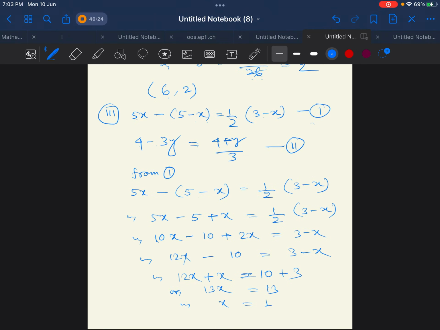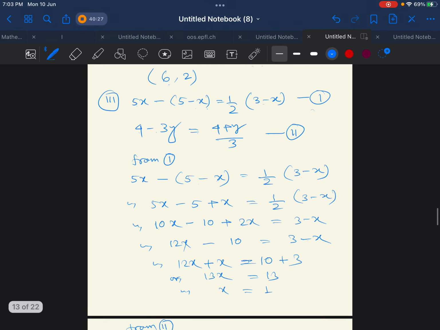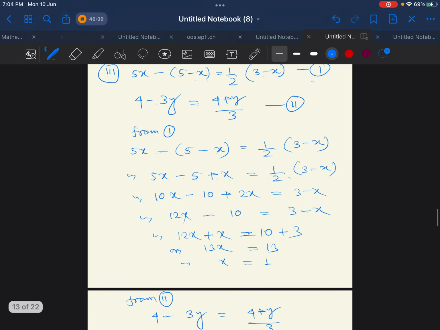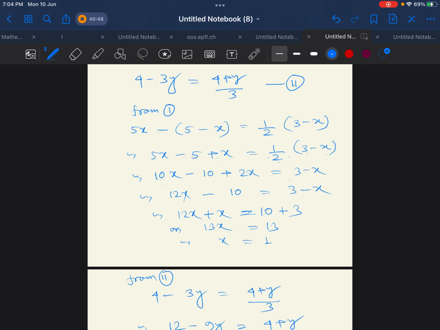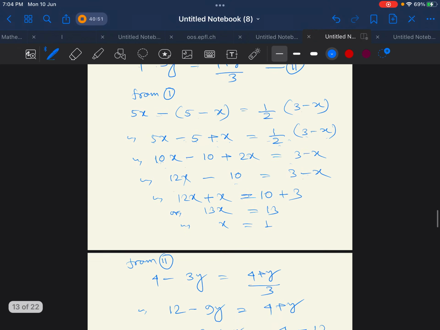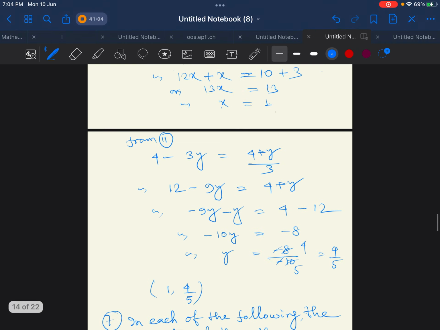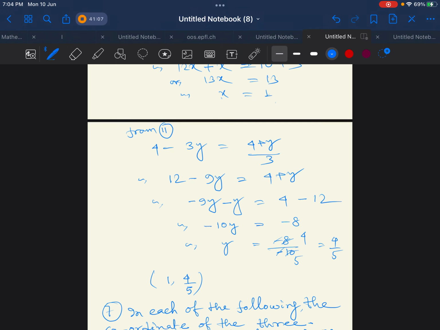From equation 1, 5x minus 5 minus x equals half of 3 minus 6x. So we multiply by 2: 10x minus 10 plus 2x equals 3 minus 6x. So 12x minus 10 equals 3 minus 6x. 12x plus 6x equals 3 plus 10. So 13x equals 13, x equals 1.